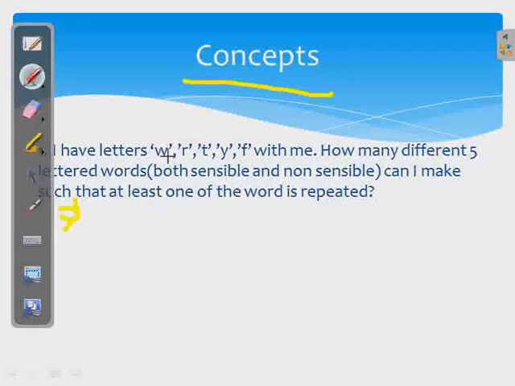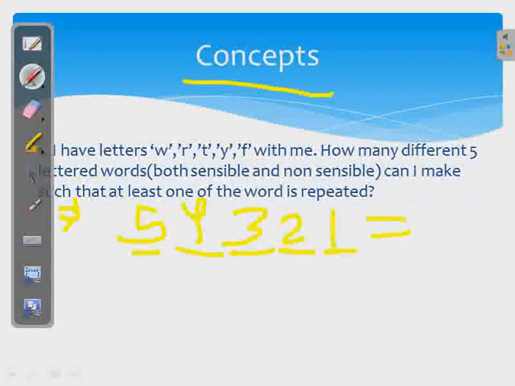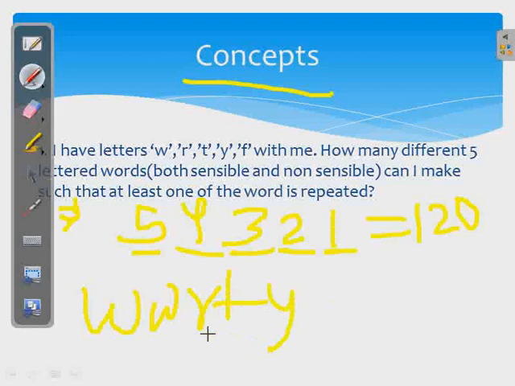So if letters aren't allowed to repeat, then what did we get? There are 5 ways, 4 ways, 3 ways, 2 ways, 1 way to fill the gaps, and that gives us 120 words. So we can make 120 words without repeating any letter. Like I can't have W, W, R, T, Y among these 120 words.